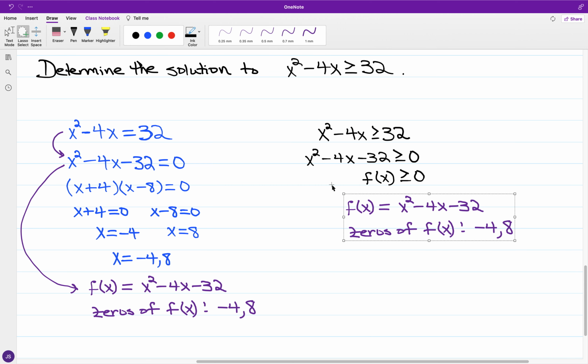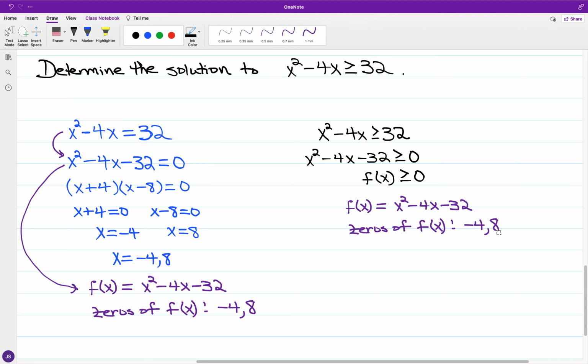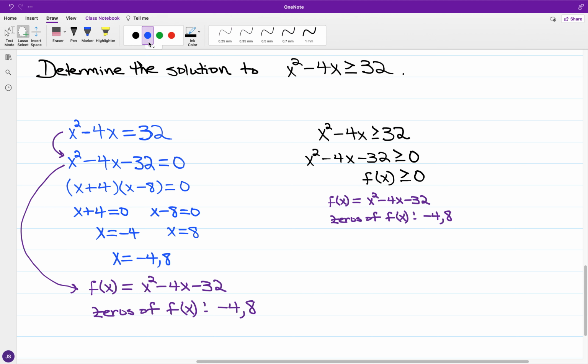And again, the zeros will be what we're working around. We have a negative 4 and positive 8, and we're setting up a table, working around the x values of negative 4 and 8, as well as the real number system.